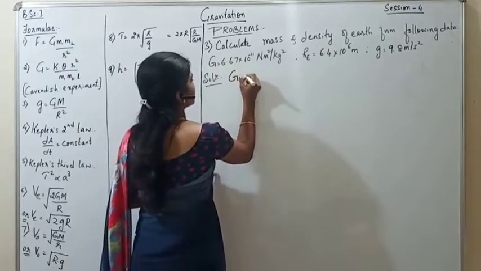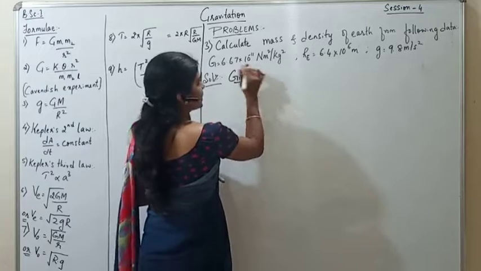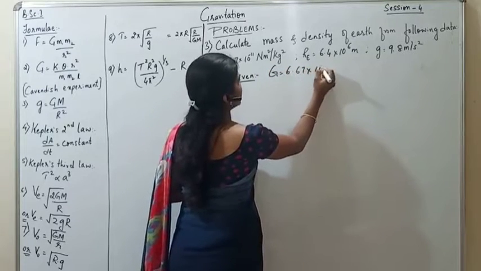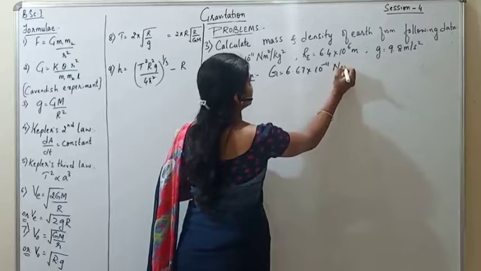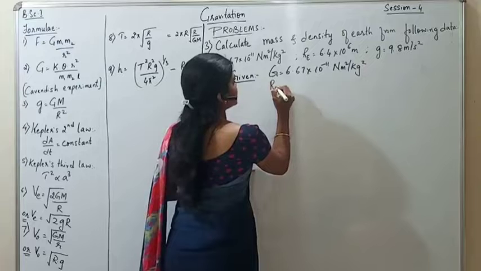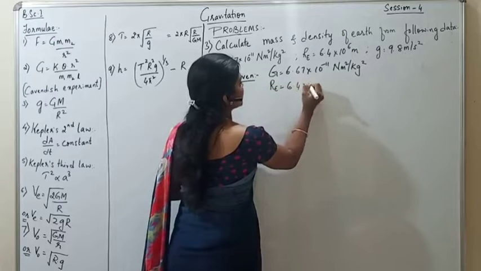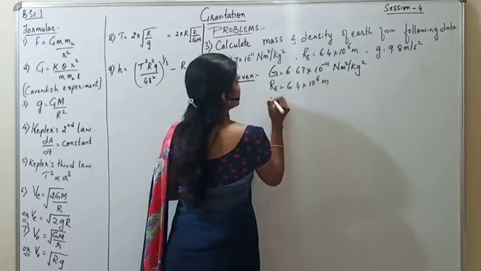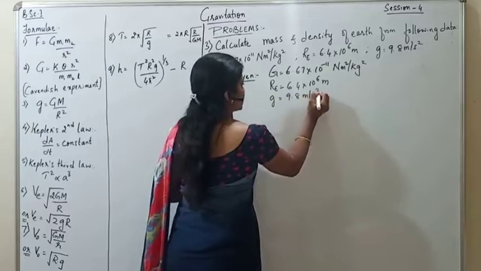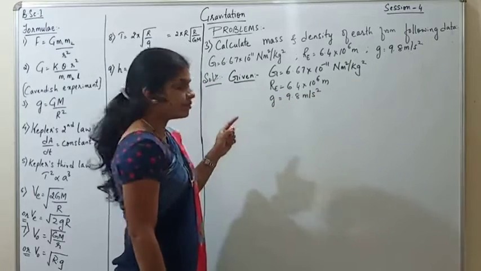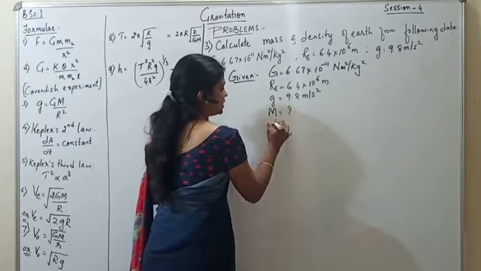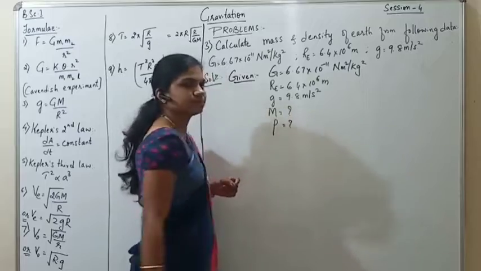Given, again we'll write it, G is equal to 6.67 into 10 raised to minus 11 Newton meter square per kg square. Radius of earth is given 6.4 into 10 raised to 6 meter. g is given 9.8 meter per second square. And we are asked to calculate the mass of the earth and the density of the earth.